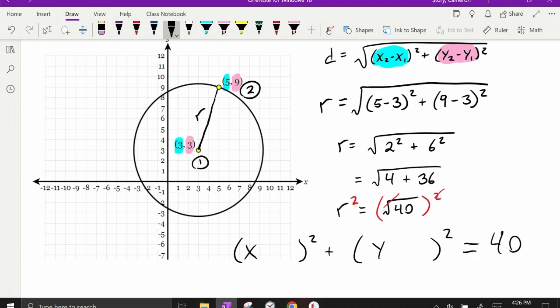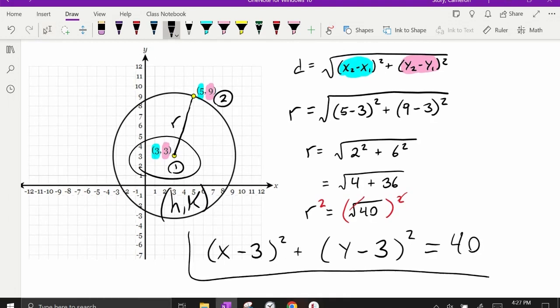Okay, so in this case, when we square it, the square root goes away, so we just get r squared is equal to 40. Okay, we're going to use the center. This is going to be your h comma k to get the equation. It's 3 comma 3. They're both positive. So in my equation, it's going to be minus 3 and minus 3. And this would be your answer for this problem.